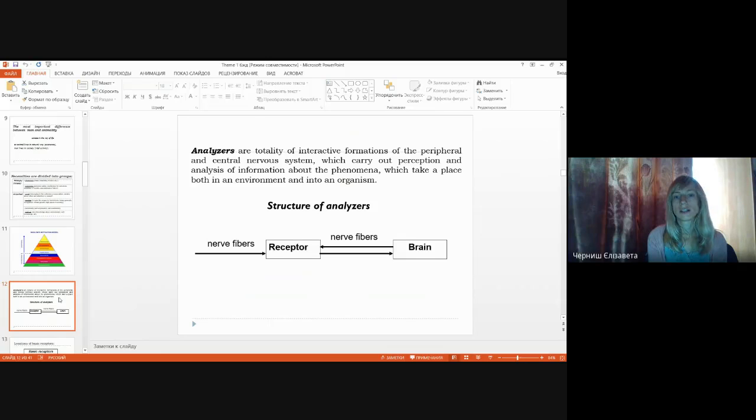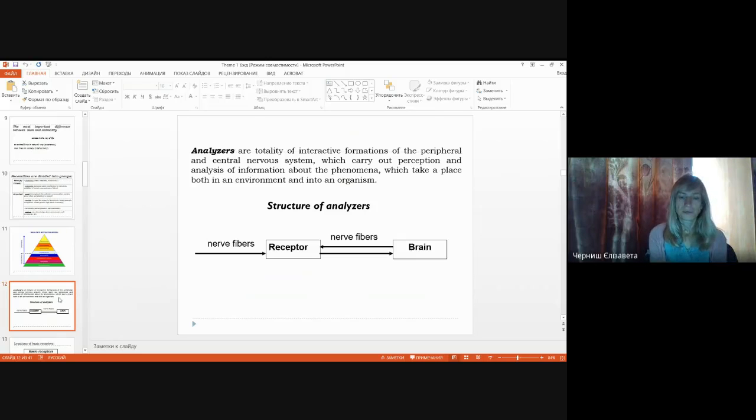Analyzers are totally interactive formations of the peripheral and central nervous system, which carry out perception and analysis of information about phenomena which take place in the environment or in the organism. You can see the structure on the slide.